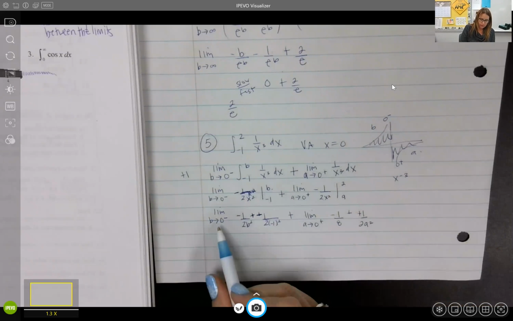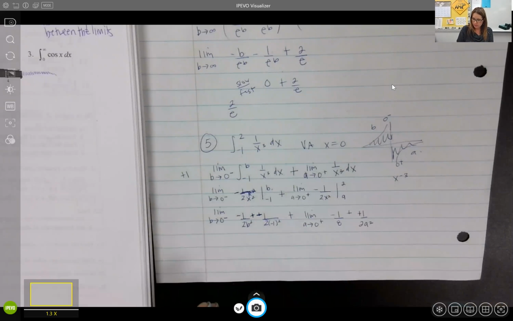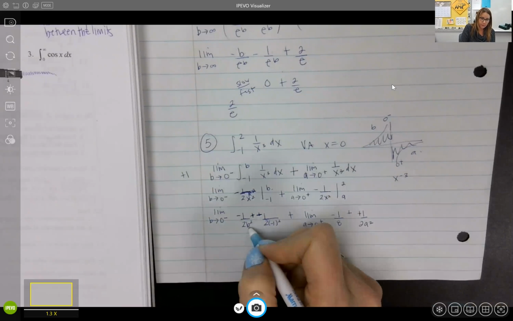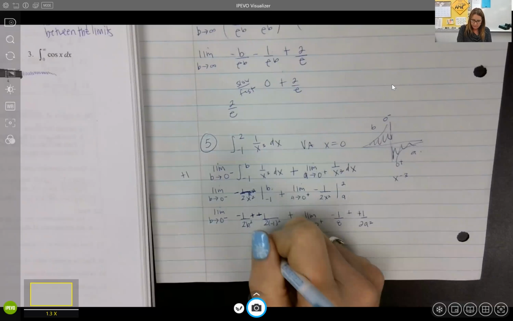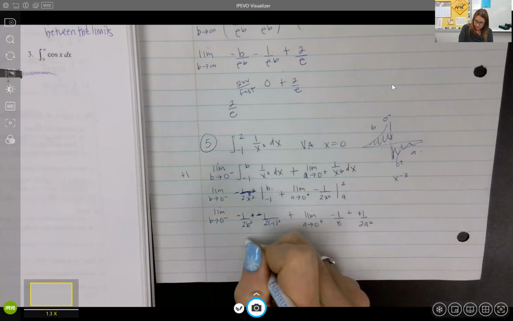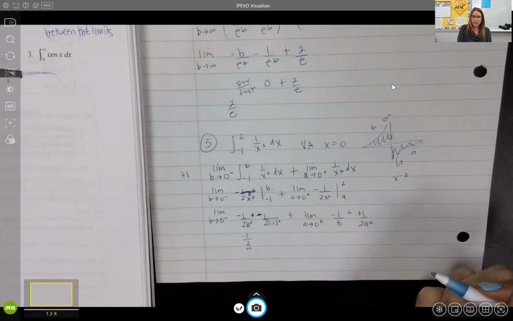So now I'm going to plug in 0 down here. So 0 from the left is getting closer and closer and closer to 0. So I'm looking at a fraction, okay? As I get closer to 0, I'm looking at 1/10, 1/1000, 1/1,000,000, okay? So I'm looking at negative 1 over 2 over infinity, okay?